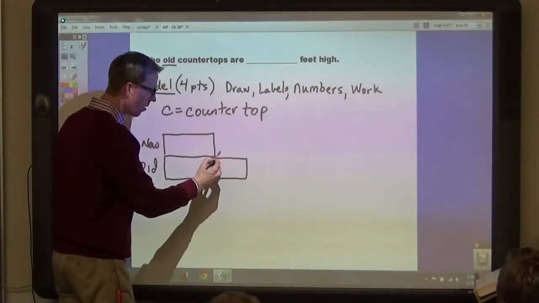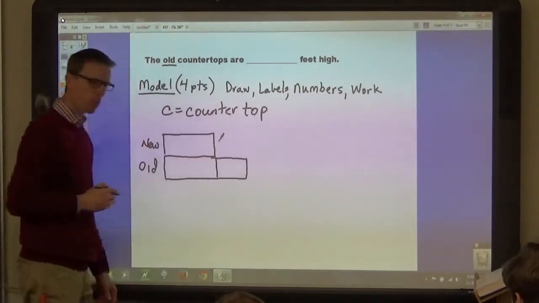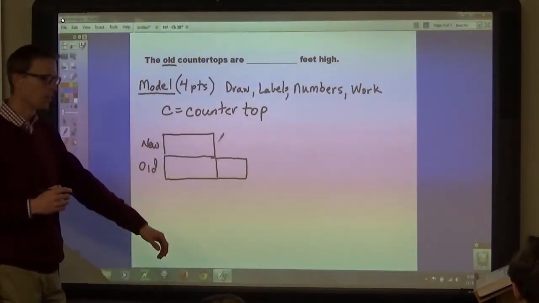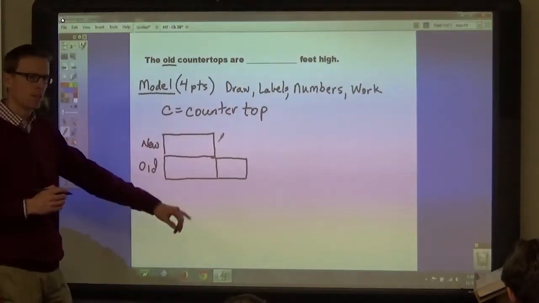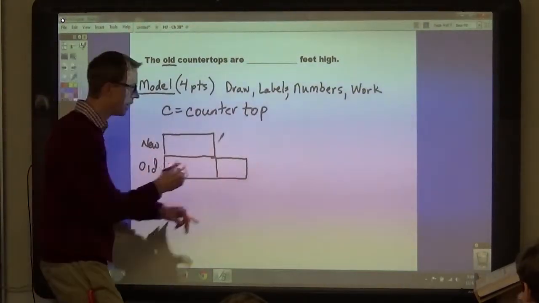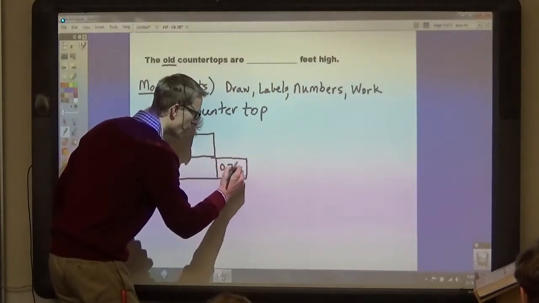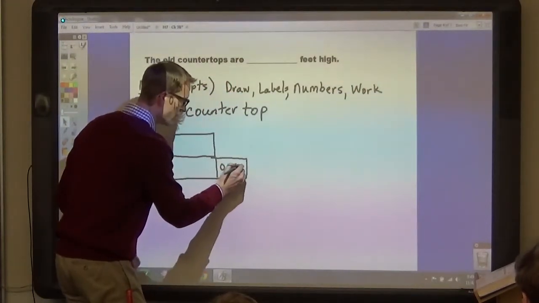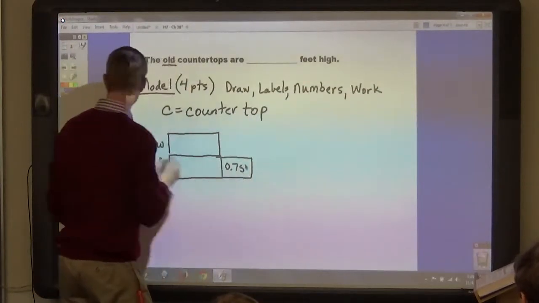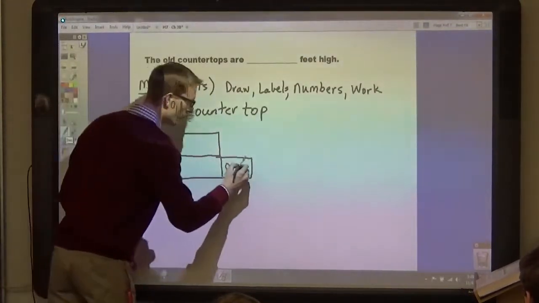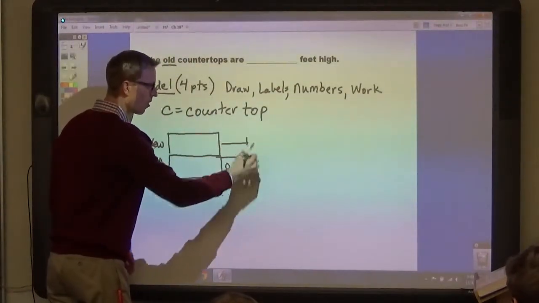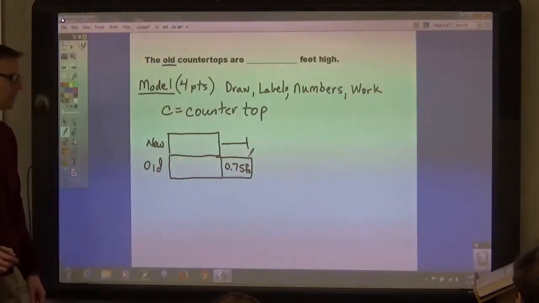So what part represents 0.75 feet? This part? This is 0.75 feet. Wouldn't it be a negative? Okay, or this space here, we can also put that as 0.75 feet.